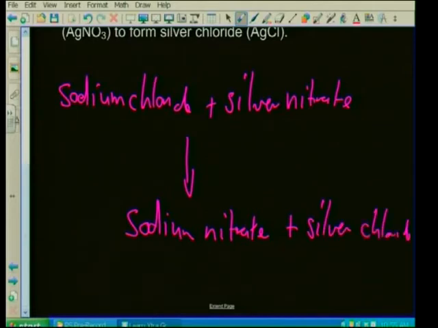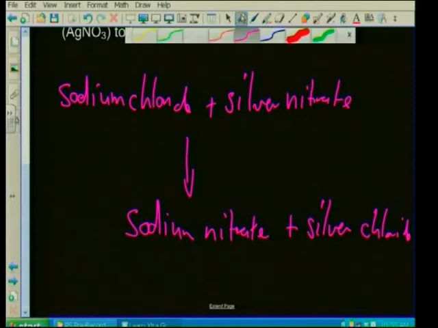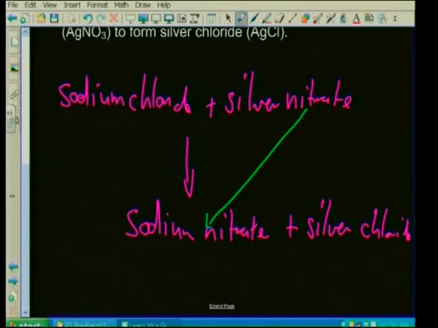Can you see what's happened? Well, I don't think it takes too much to see that the nitrate has changed partner and the chloride has changed partner. So where sodium had chloride as a partner, it's got nitrate as a partner.